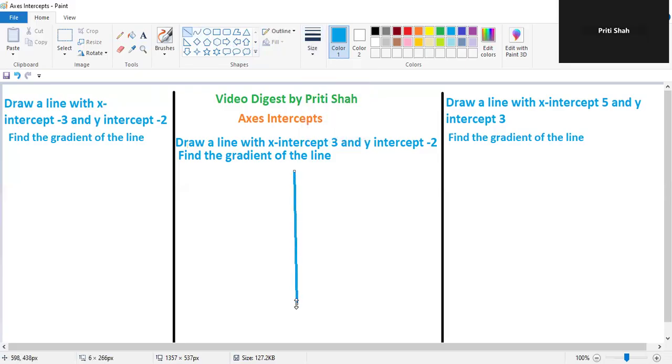Suppose this is a line, which is the y-axis. And we'll draw one more line, which is the x-axis right over here. Now, let's write the coordinates, x and y.